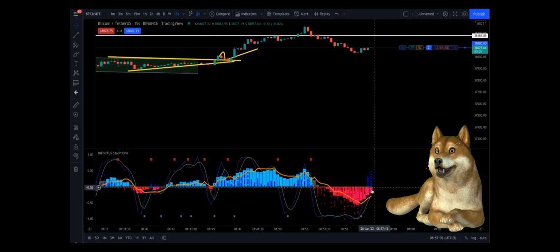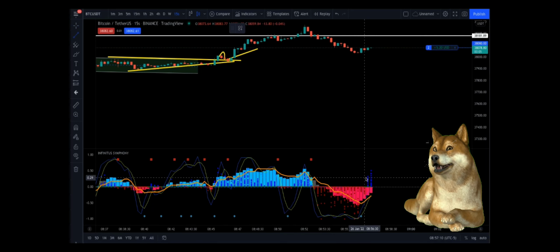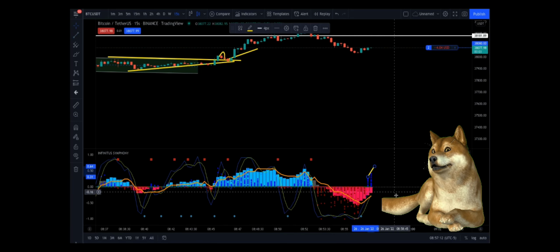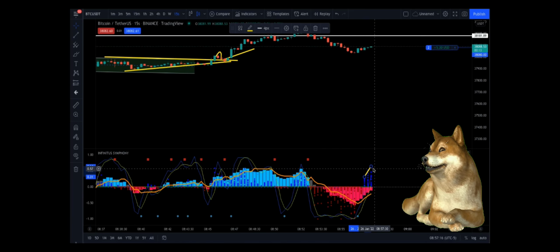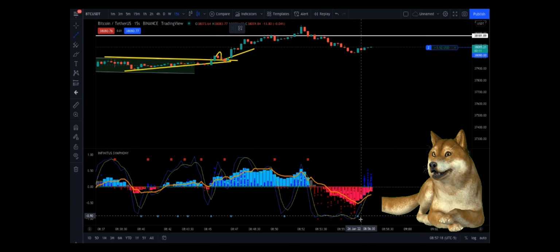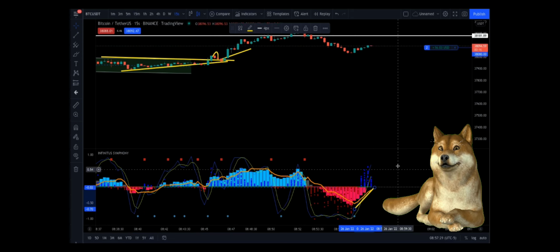Hard to tell. Lots of interest here. Interest is popping. And Q bars headed north. Nice. That's what we like to see.